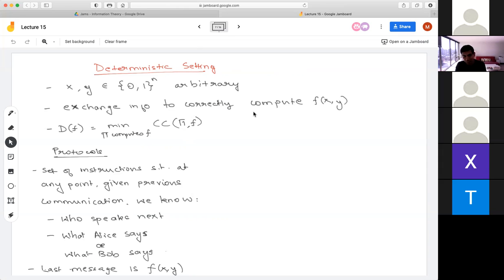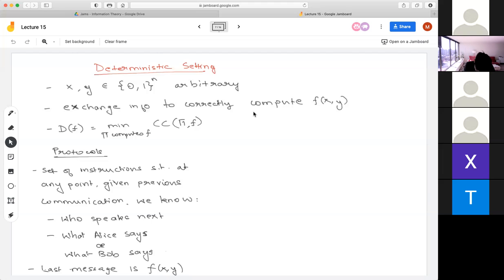Alice has x, Bob has y, and they're interested in computing f of x, y for arbitrary x, y. Rather, they need to have some way of exchanging information which correctly computes this function on all inputs, whatever protocol they have for exchanging.